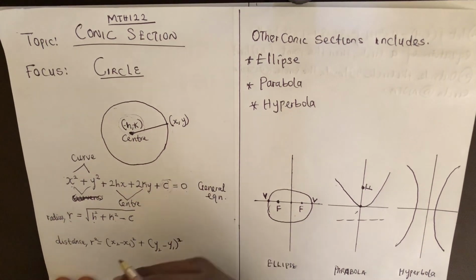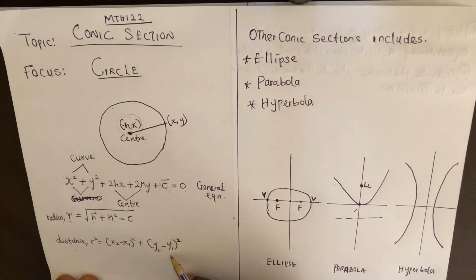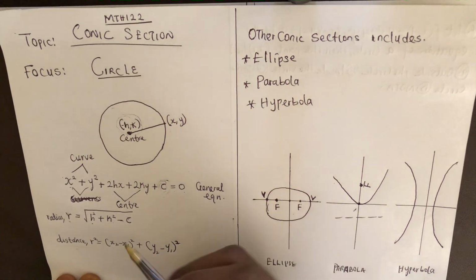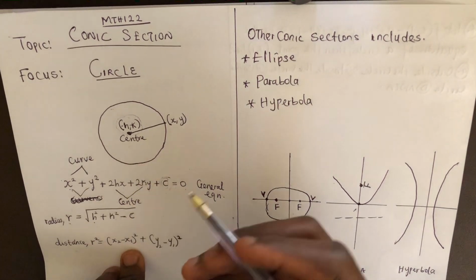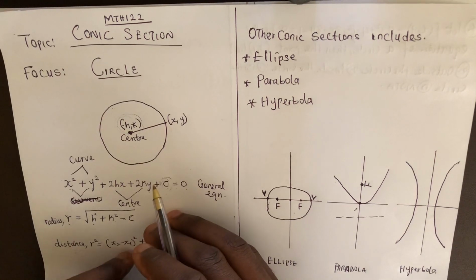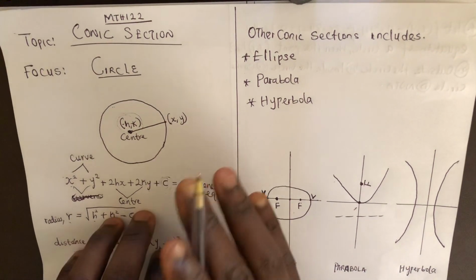But there are other distances which you can find using the normal distance formula. Sometimes you may be asked to compare the distance of a particular point from the circle. We're going to be looking at some questions as we proceed. So, to understand this particular concept the more, let us solve some questions.